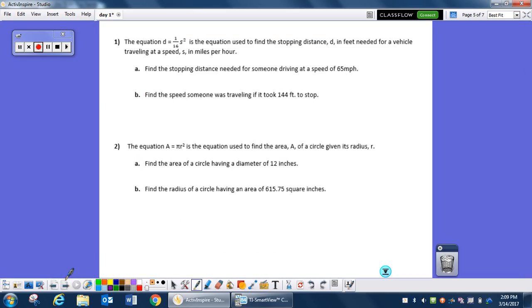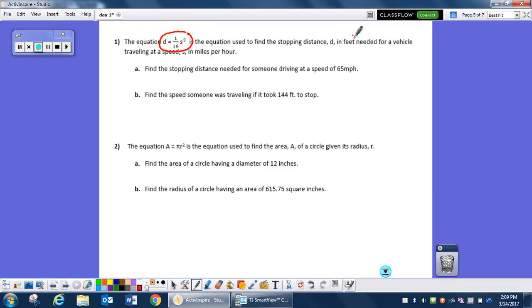Okay? So the back of this, all you're going to be doing in this lesson is taking an equation that they're going to give you and substituting variables in and solving for certain variables. The trick is to just make sure you substitute into the correct variable. So the equation d equals 1/16 times s squared is the equation used to find the stopping distance.